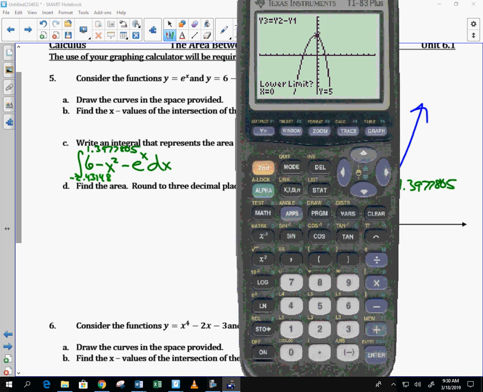I second calculate number 7. And for my bounds of integration, negative 2.43148 and 1.3977805. Whoa, what happened? Oh boy. 13.315.